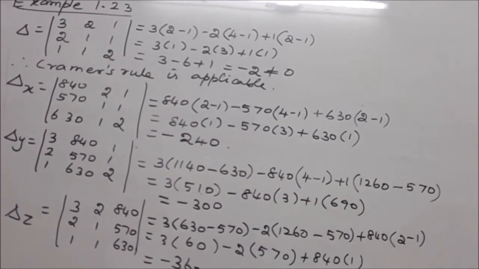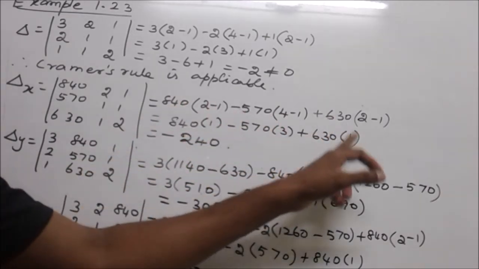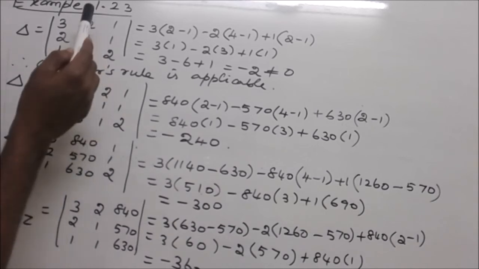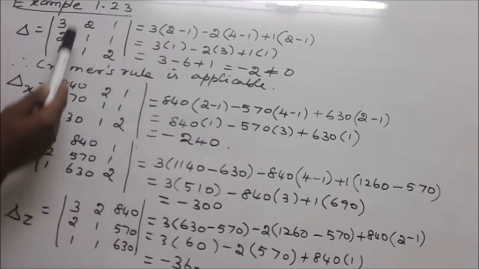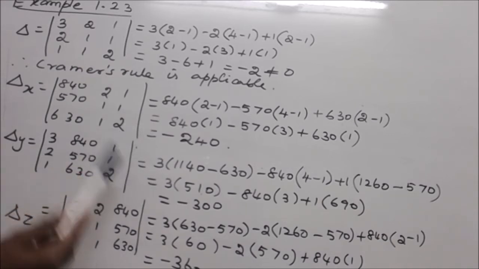Delta x is 840 into 1 minus 570 into 3 plus 630 into 1, the total equal to minus 240. To calculate delta y, replace the coefficients of y by constants: 3, 2, 1, 840, 570, 630, 1, 1, 2.